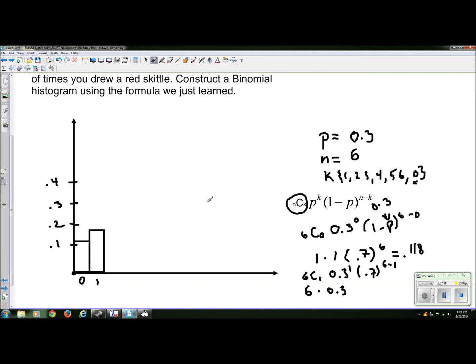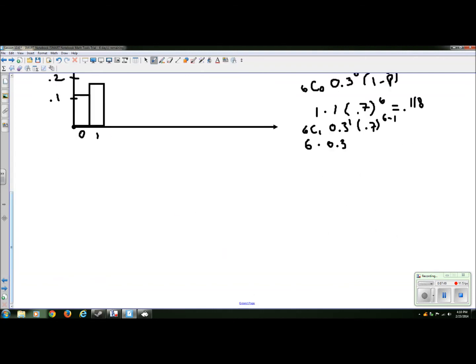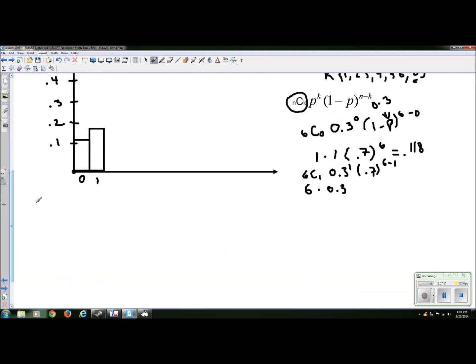And we can keep going with this. And we're going to do k equals 2 now. So when I do k equals 2, I'll do 6 choose 2, times 0.3 to the second power, because k is 2, times 0.7 to the 6 minus 2, which is 4.